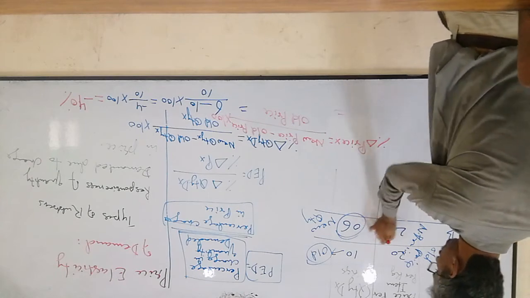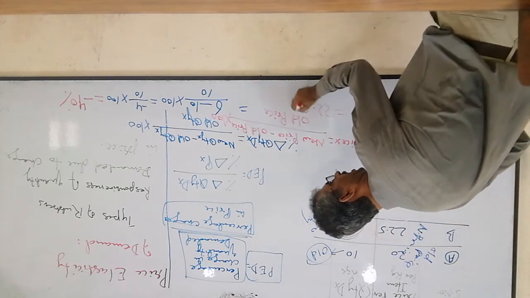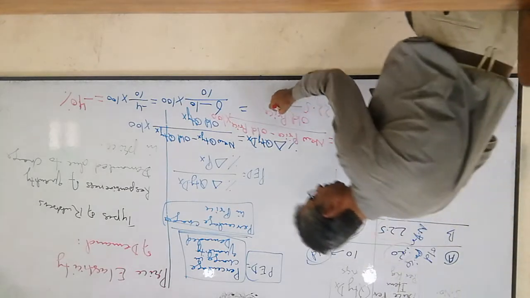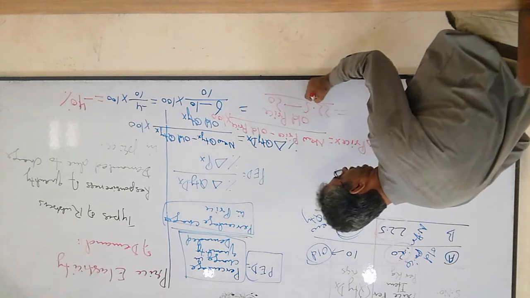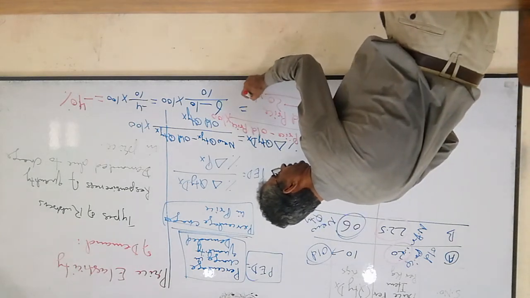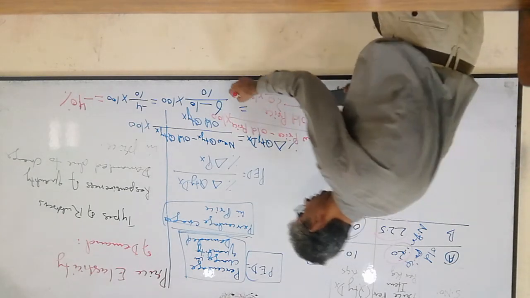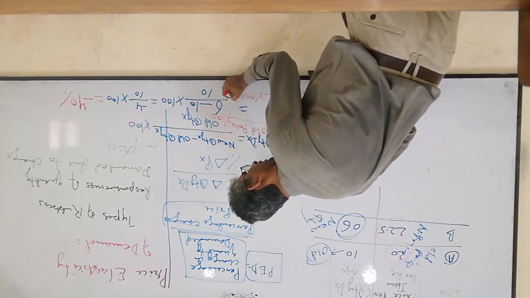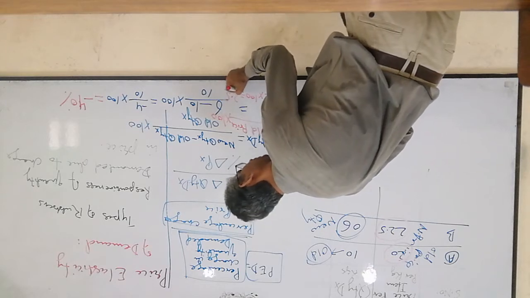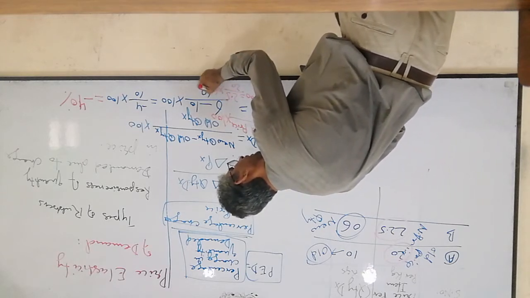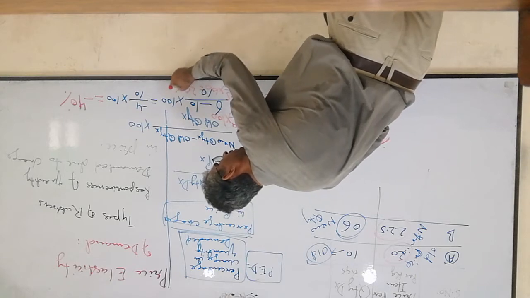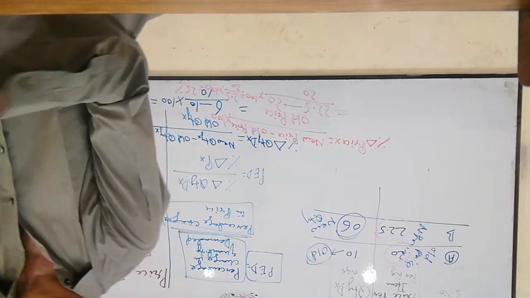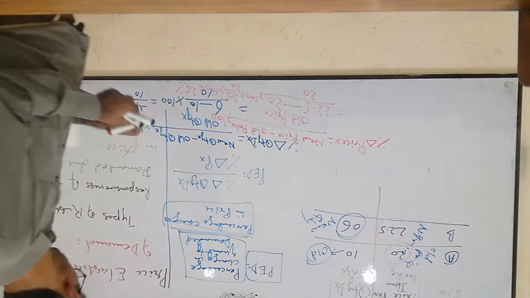The new price is 22.5 minus the old price 20, divided by the old price, into 100. So we have 2.5 divided by 20 into 100, which gives 12.5%. So this is the change in the price.